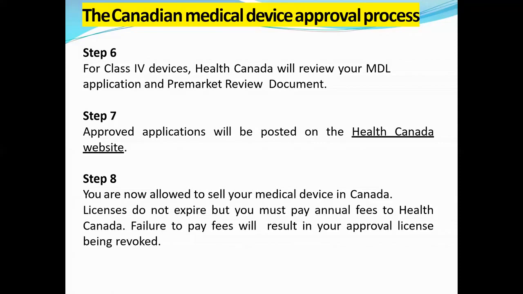Once you get the approval, the approved application will be posted on the Health Canada website, and you are then allowed to sell your medical device in Canada. Licenses do not expire, but you must pay an annual fee to Health Canada. Failure to pay fees will result in your license being revoked.